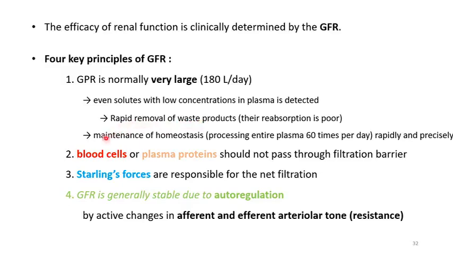And also this high level will maintain homeostasis by processing the plasma at least 60 times per day. And moment by moment processing of plasma helps to precisely and rapidly maintain the homeostasis. The second key principle is that blood cells and plasma proteins are not filtered through the filtration barrier.